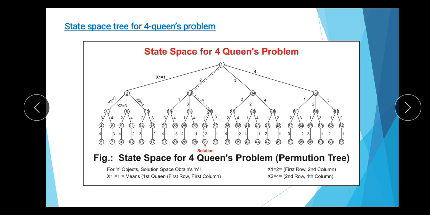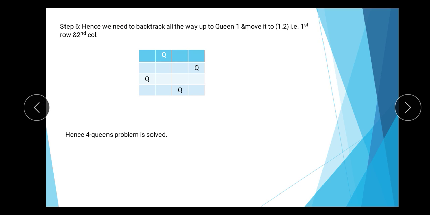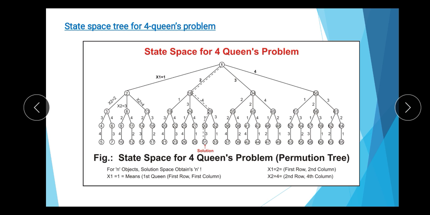Now as we placed in the previous slide the queens on a chessboard, that is the first queen in the second column of the first row, the second queen in the second row, fourth column, the third queen in the first column of the third row, as well as the fourth queen in the fourth row, third column. We show it on our state space tree.